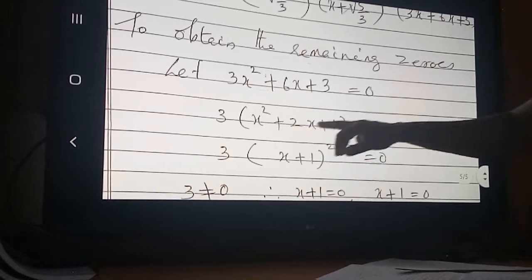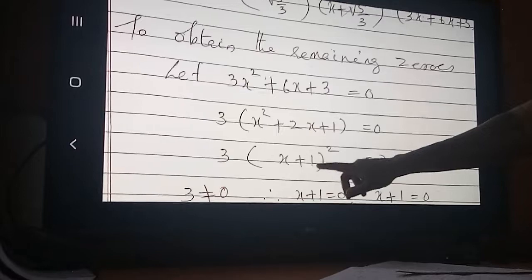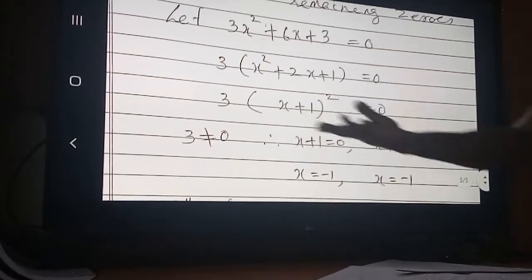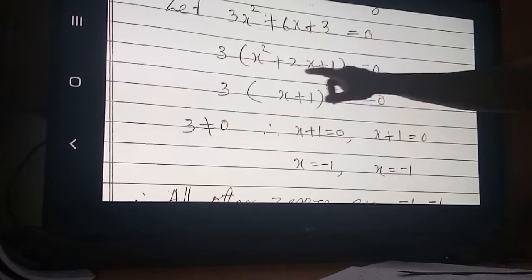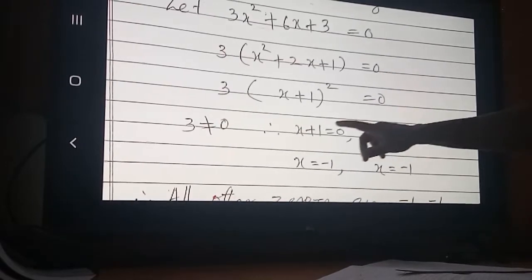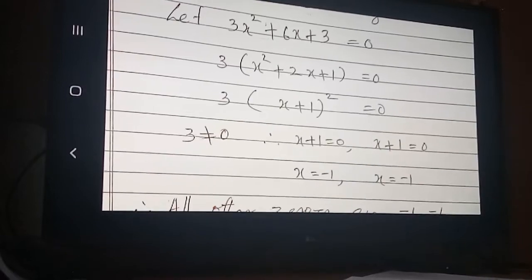So x square plus 2x plus 1 is the whole square, a plus b the whole square expansion is there, no? So same way you can find out. Therefore, here very clearly we know that 3 is a number, 3 never becomes 0. Then x plus 1 the whole square can be 0. That means x plus 1 the whole square is equal to x plus 1 into x plus 1.